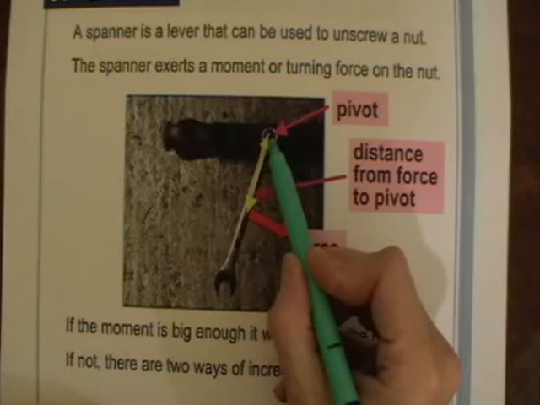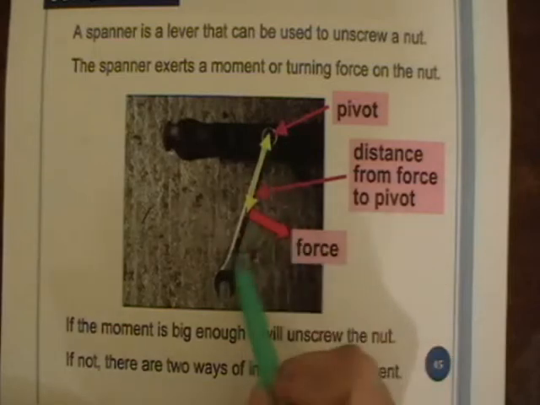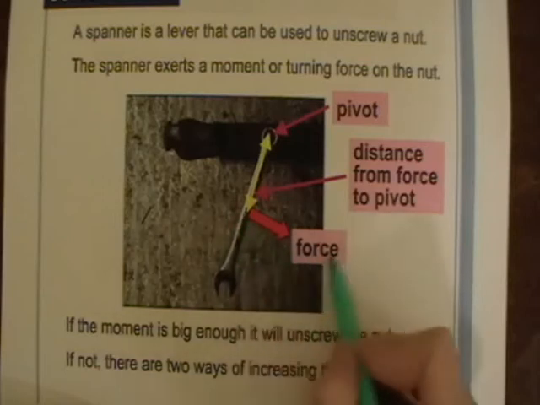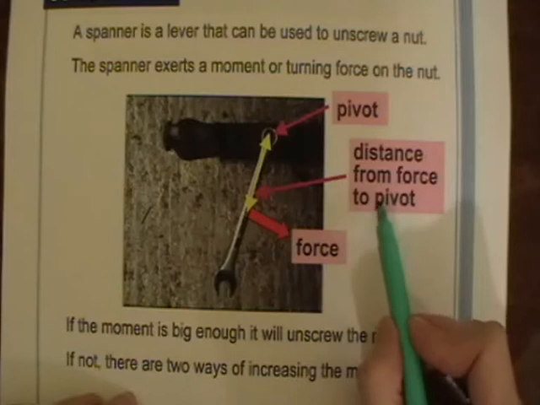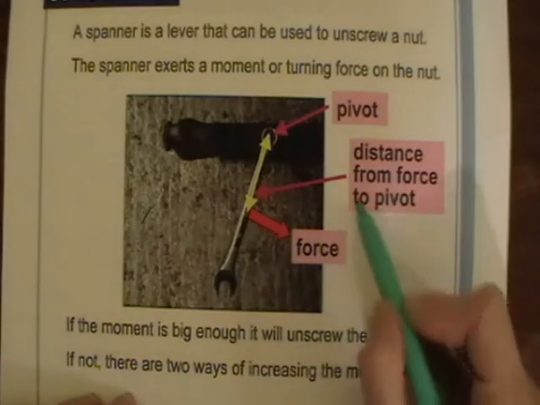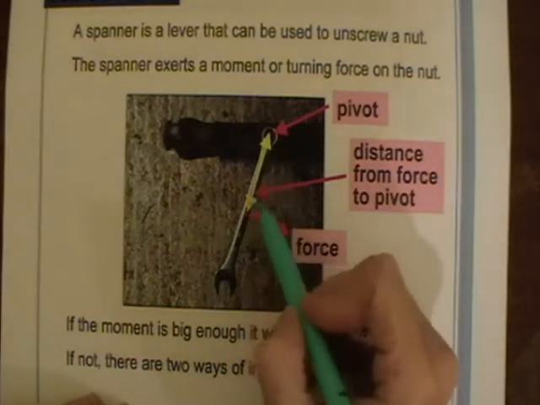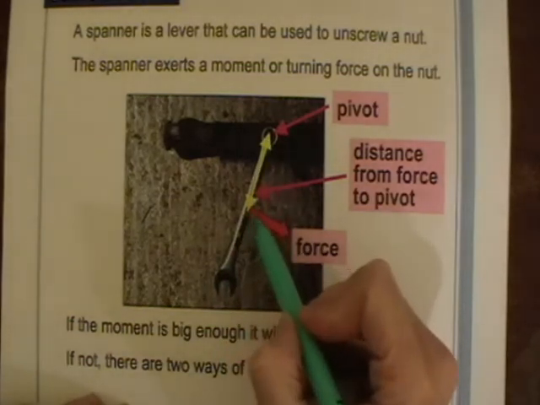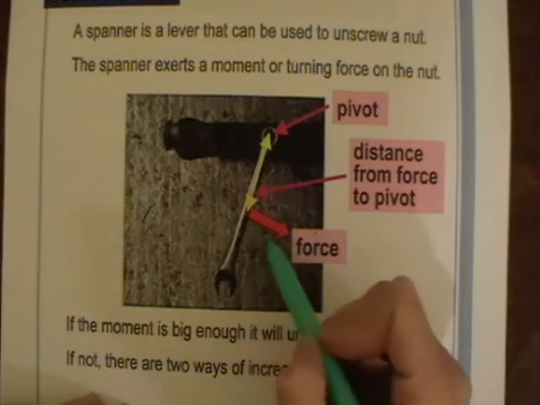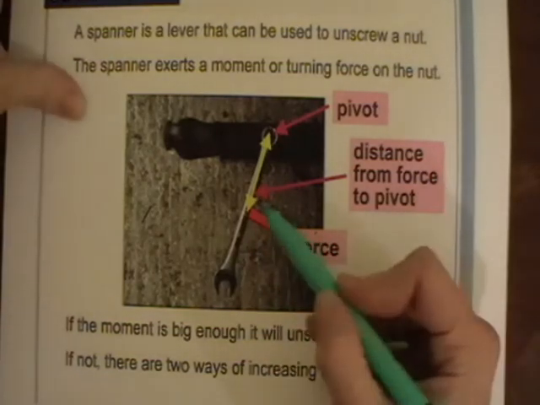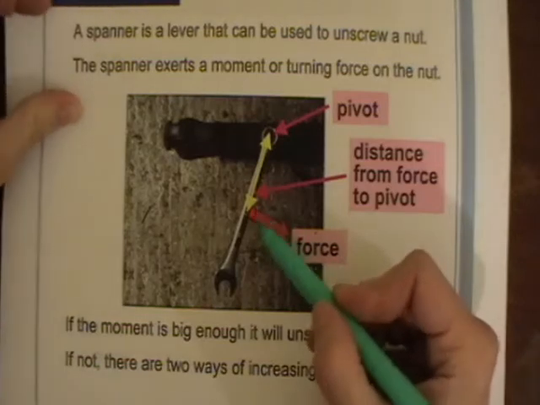The middle of the nut will be the pivot, and that will be where the spanner will turn about. You'll pull using an effort or a force here, and we work out the moment by calculating the force and the distance from the pivot. If the moment isn't big enough, if we grab the spanner halfway down and pull it this direction and we're still not having much success, then there are two ways of increasing the amount of moment.